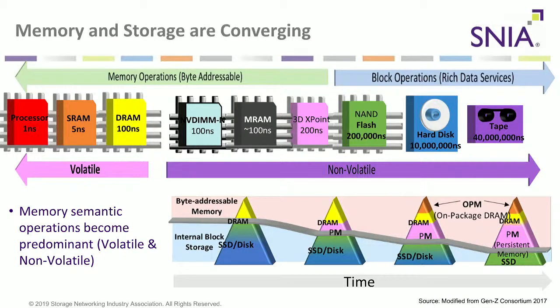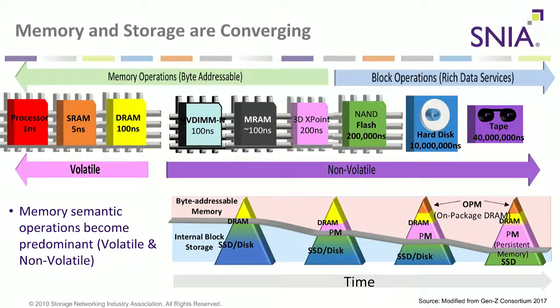Right, so like I was saying, there is a convergence in the last 5 to 6 years. We have seen the DRAM or the memory and storage converging. What it means is you are trying to create a higher capacity persistent memory and align it to a lower latency as well.